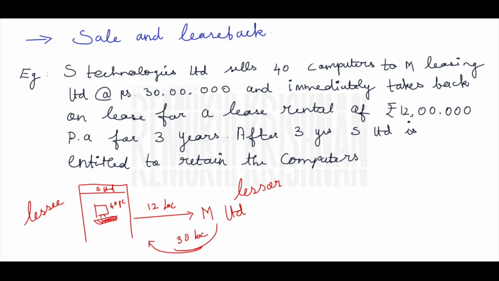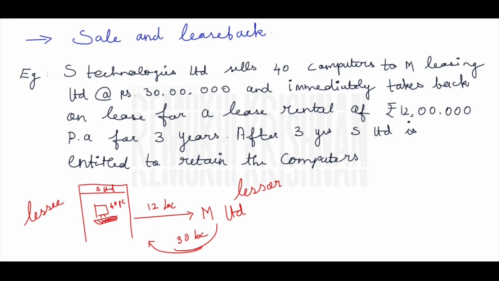As the cost of the asset is recovered through lease rental, plus the lessor gets a return on the cost of the asset, the nature of the lease is finance lease. We can dig a little deeper to see whether it is a finance lease or operating lease. The cost of the asset is recovered through lease rental, because 3 years into 12 lakh is 36 lakh.